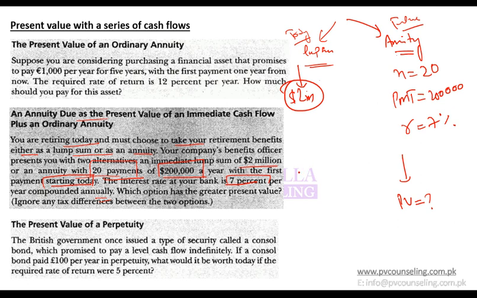When you convert it to begin mode, your answer will be 2.267, something like that. So the value of this annuity is 2.267 million, and you are being offered 2 million. So it is better to go with this annuity. You will receive the payments and invest them, and so you will benefit from it.